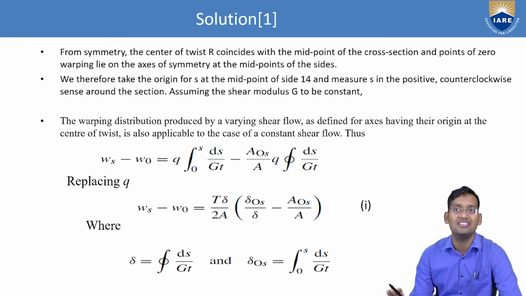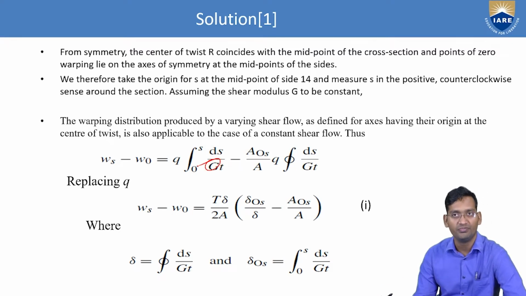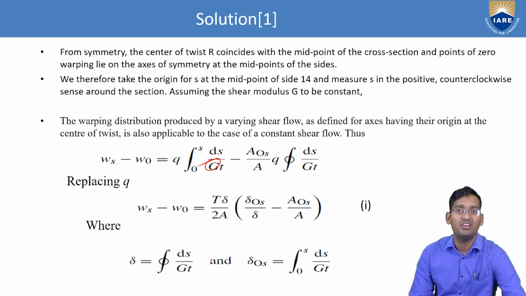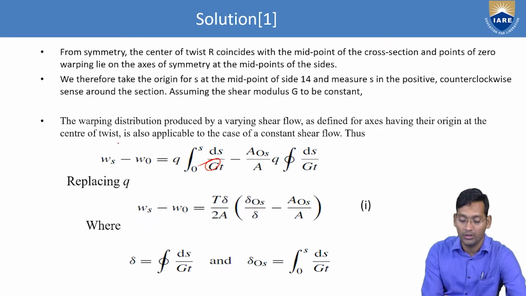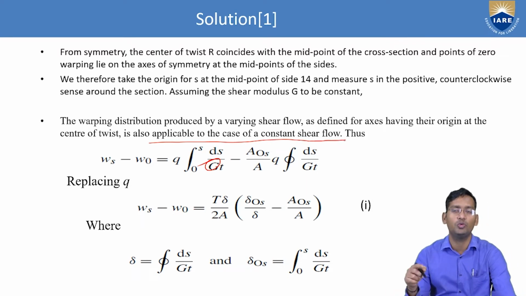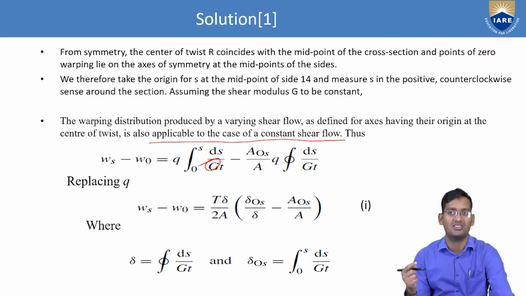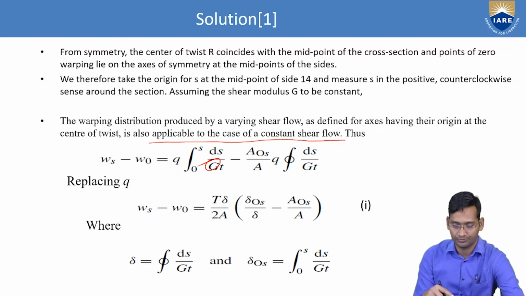Okay, assuming the shear modulus G to be constant. So this time we are assuming G is constant. The warping distribution produced by a varying shear flow, as defined for axes having their origin at the center of twist, is also applicable to the case of a constant shear flow that we already saw. If the center of twist is at the origin, then qs will be equal to q, as we saw in the previous video.